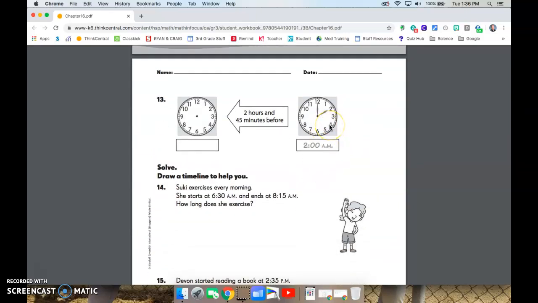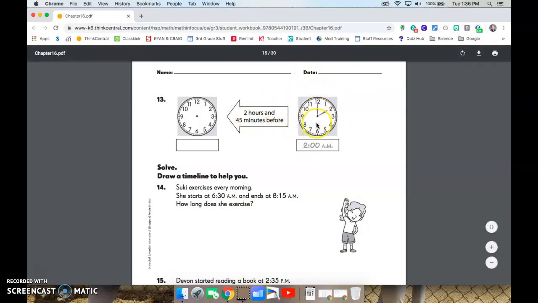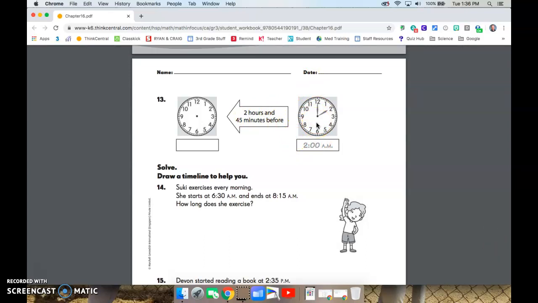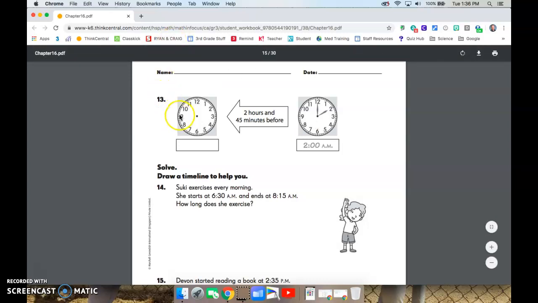Ooh, here we go. 2 hours and 45 minutes before 2 o'clock a.m. So if we go before 2, let's take off 2 hours. That's 1 o'clock. That's 12 o'clock. Okay. And then we do another 45 minutes before the 12. What's that? 0. So we're going backwards this time because it's before.